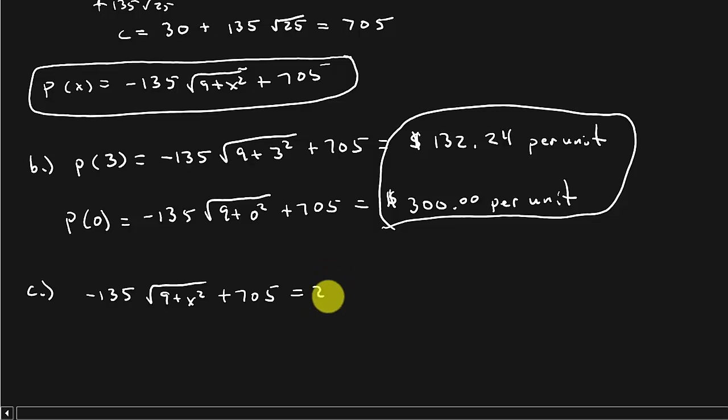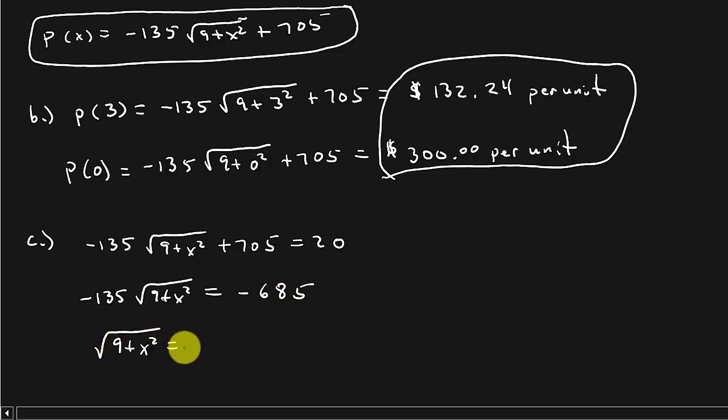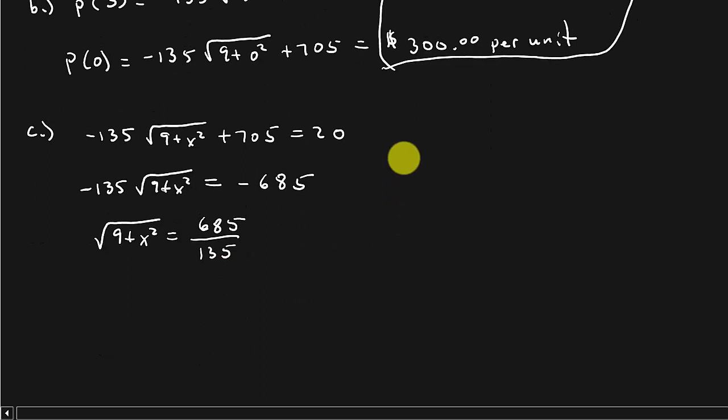And yes, that is a 20 there. So this is going to give me negative 135 times the square root of 9 plus X squared equals 20 minus 705, that's negative 685. And so that's going to be the square root of 9 plus X squared equals 685 over 135.